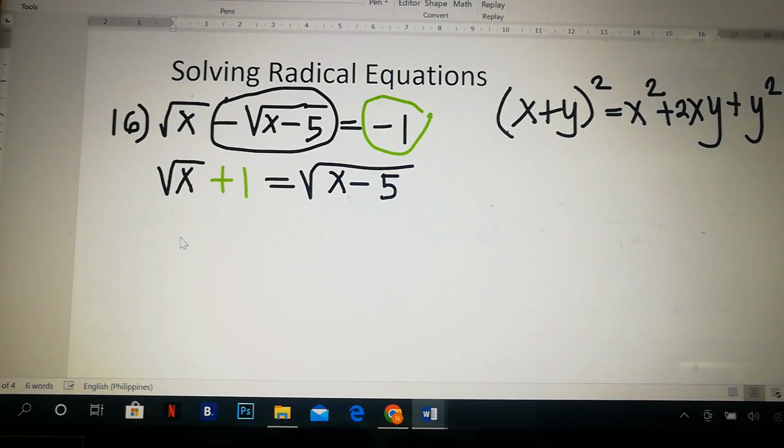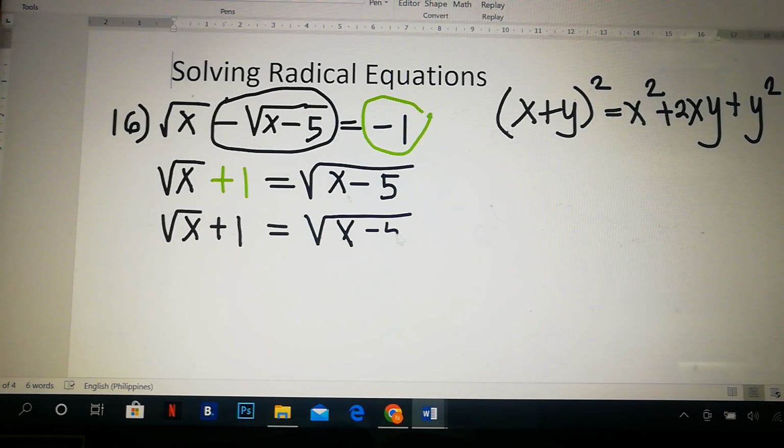Okay, so we have square root of x plus 1 equal to square root of x minus 5. Okay, so square both sides of the equation, left side and then the right side.